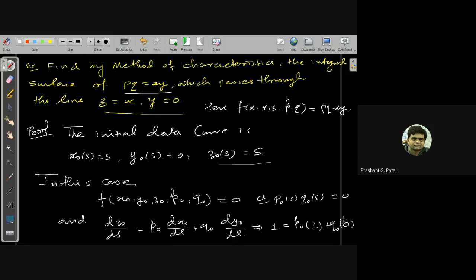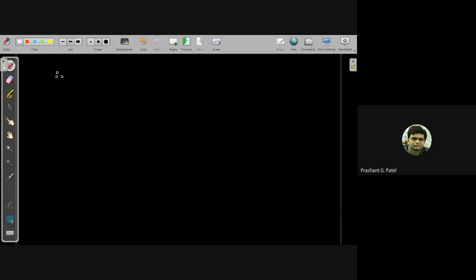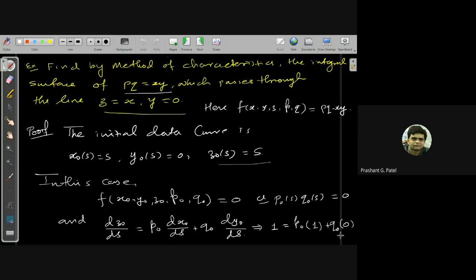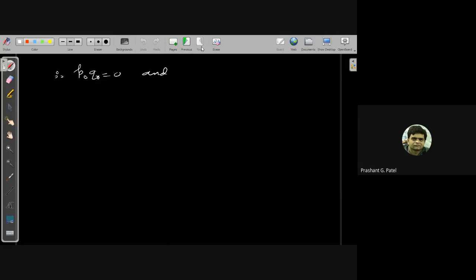So finally we get two equations. The first is p0 q0 is 0. And the second gives p0 is 1. Since p0 is 1, this gives q0 is also 0. So this is the unique strip we got here.